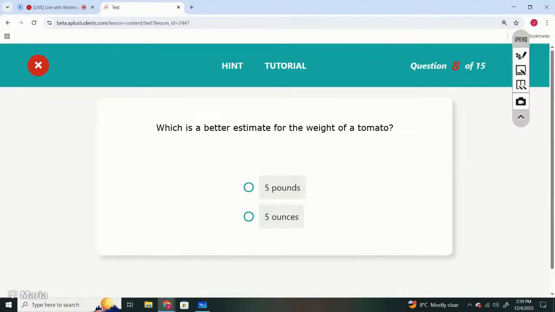Which is a better estimate for the weight of a tomato? So, which is the correct option?